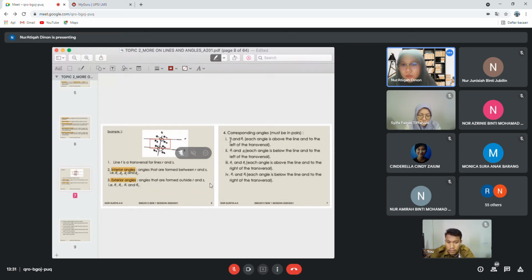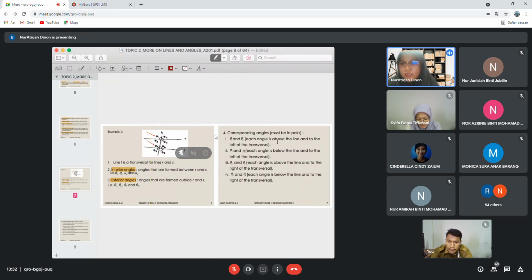So first we look at theta 1 and theta 5.